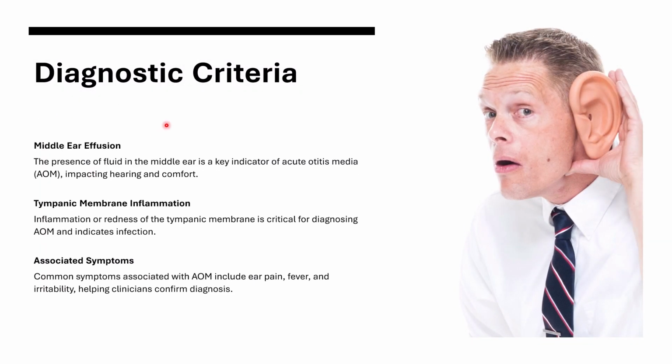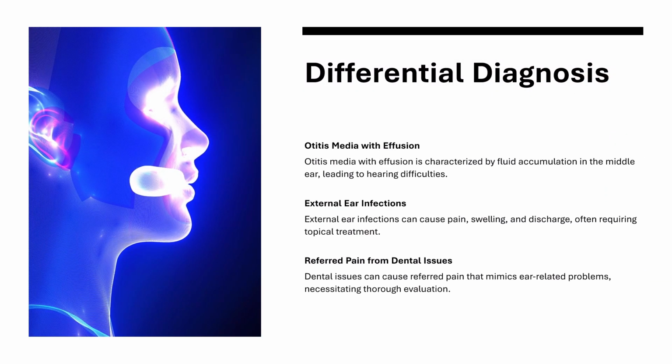What is the diagnostic criteria? So there's a middle ear effusion, tympanic membrane inflammation, and associated systemic symptoms like pain, fever, irritability, that actually help us to make a confirmed diagnosis. What other things can you think of if a child is complaining of ear pain?